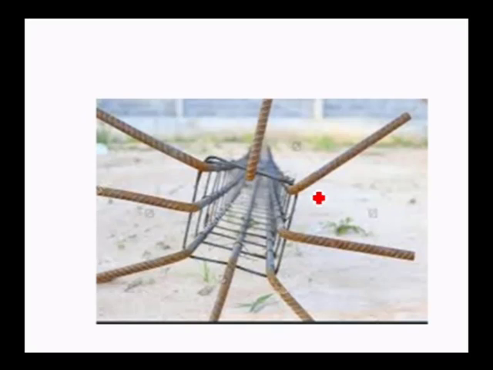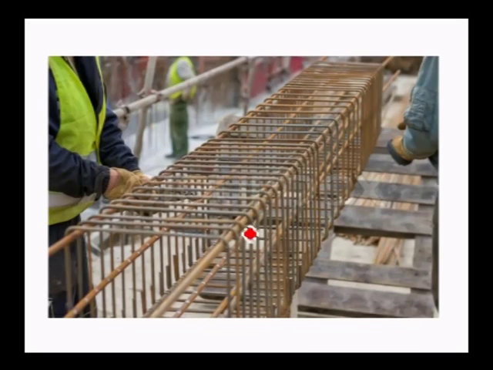This is the bottom portion of the column, where longitudinal reinforcement is bent in all the directions and which is tied to the footing. This is the reinforcement tying in the field. You can observe these are the longitudinal bars, and these are the lateral ties which are tied to the longitudinal bars.